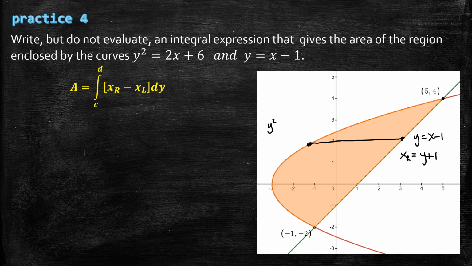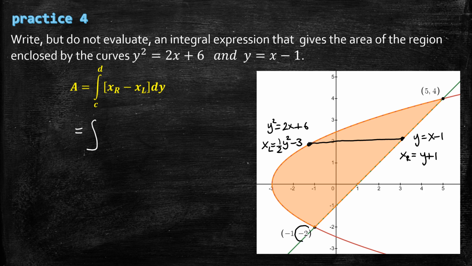So this must be the curve y squared equals 2x plus 6. If we subtract 6 and divide by 2, we get that x on the left equals 1/2 y squared minus 3. So then we just get to replace, equals the integral. Now c and d are right here, right?